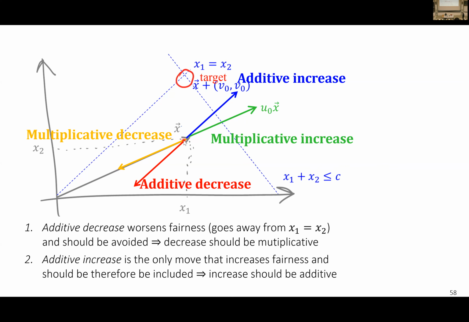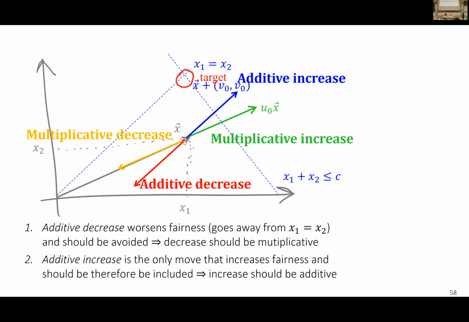In particular, it doesn't make us closer to fairness. So the green move here doesn't make fairness worse. We were at this angle, we are at the same angle, but it doesn't improve it either. When we decrease, the multiplicative decrease does not make fairness worse, it does not improve it either, but the red, the additive decrease, makes fairness worse here. So that's capturing all the effects.